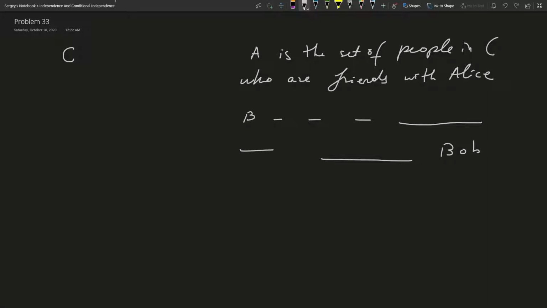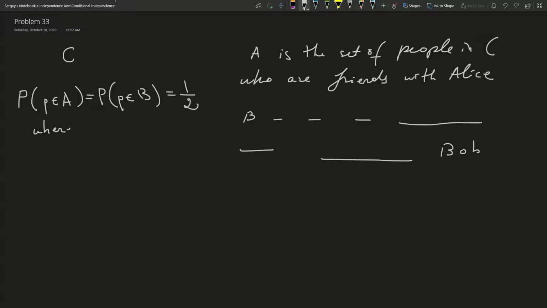And we're going to suppose that for each person in C, Alice is friends with that person with probability 1/2, and the same for Bob. So for every person in C, the probability that that person P is friends with Alice is the same as the probability that that person P is friends with Bob, and that probability is 1/2.